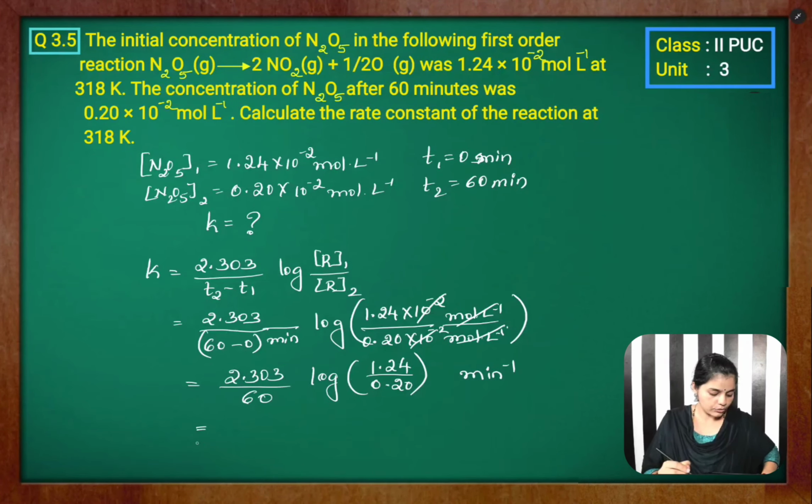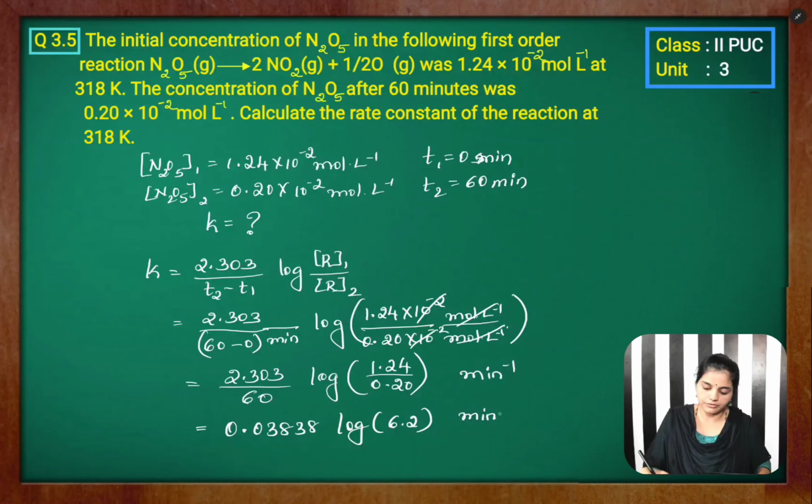Simplifying, 2.303 divided by 60 is equal to 0.03838, log of 1.24 divided by 0.20, which is log of 6.2.